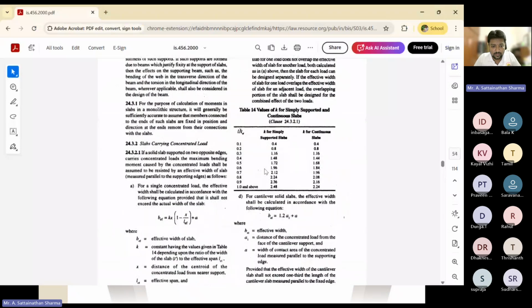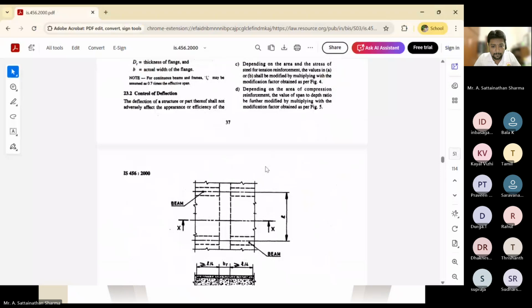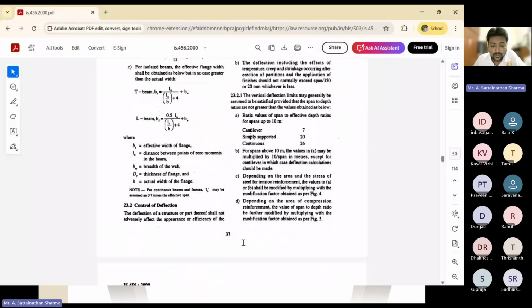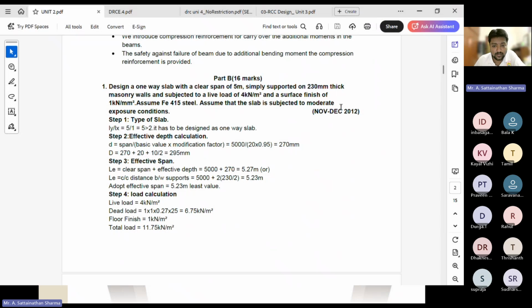Anybody remember the page number quickly? Yeah, I took it. 37. You can see here in page number 37. It is cantilever 7, simply supported 20, and continuous 26. Very clear. This sum, they have given it as simply supported. So L by D, it has to be 20, right?